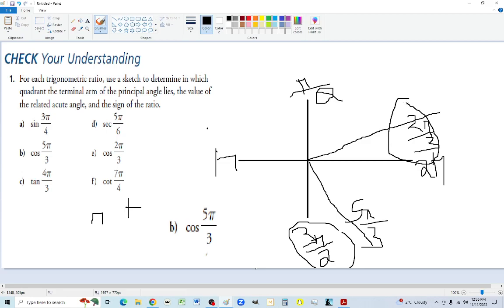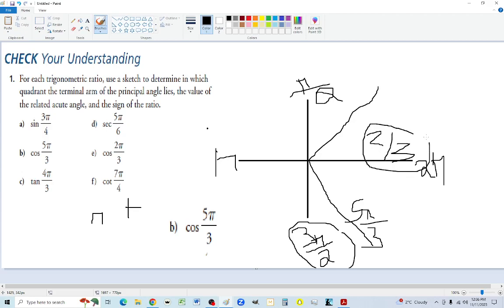Pi over 6 is 30 degrees. Yeah, so 2/3, I've drawn it incorrectly. 2/3 is more like up here. Actually, you know what? 1.5 is pi and a half. This is 5/3. There's only a third left.